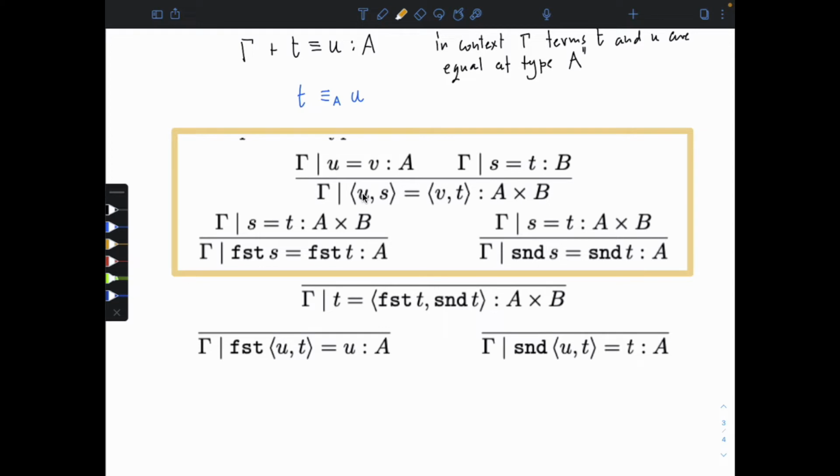I mean, of course, if u equals v and s equals t, then when I form pairs, functions preserve equality. This is just saying when you apply pairing, it preserves equality. And same here. When you apply first, it preserves equality. So in a way, these guys are a little more boring than the other guys. And these are known as congruence rules.